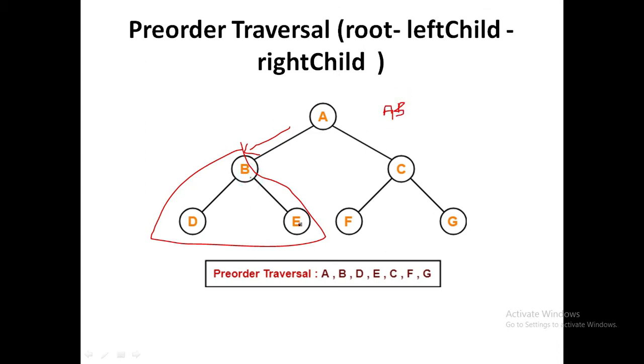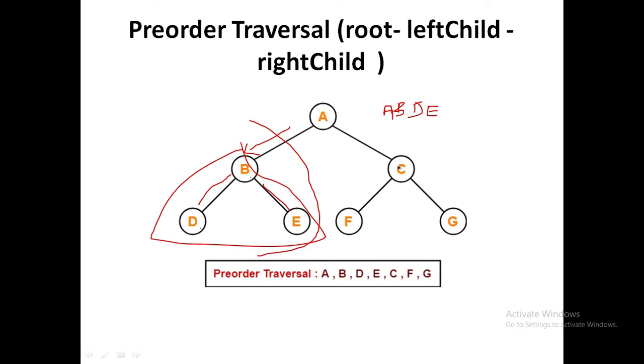Now we write B. After that traverse the left side. The left element is D. After completing left, we traverse the right side, E. So the left side of A is completely written in pre-order traversal.